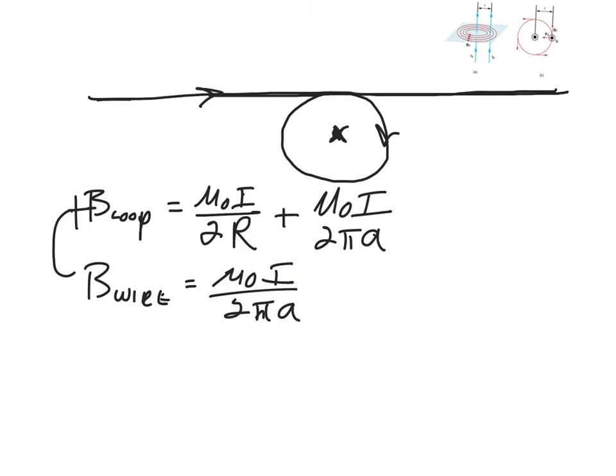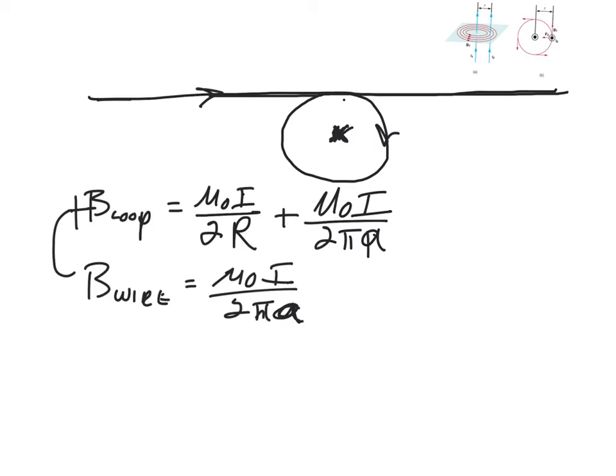So the wire, using right-hand rule number 2, pointing my thumb that way. Oh, luckily the field is in the same direction. The field is into the page. So they are in the same direction, so we can just add them. Oh, but wait, the A, the 2 pi A, I use A or you could use R. It's the distance from the point to the wire, so that is the radius.